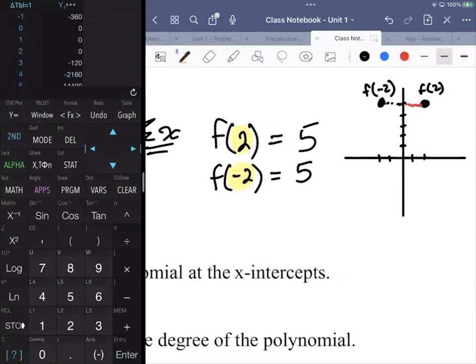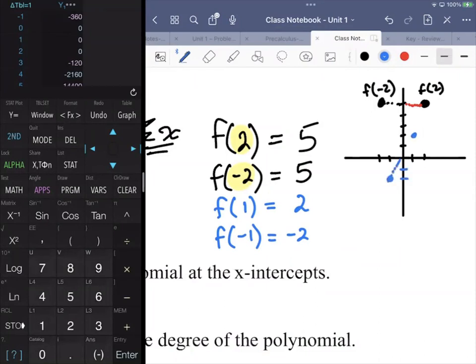Now, if I got a -5 when I put in f of -2 instead, let me do that as a separate example, just so I don't confuse people. Let's say we have f of 1 is equal to 2. Then I compute f of -1, and that gives me a -2. So plot those points, (1, 2) and (-1, -2), that'd be down here.